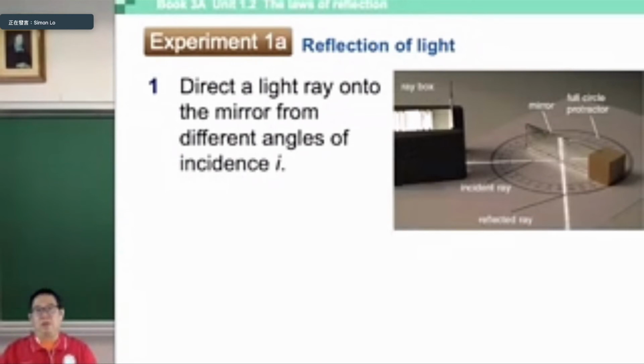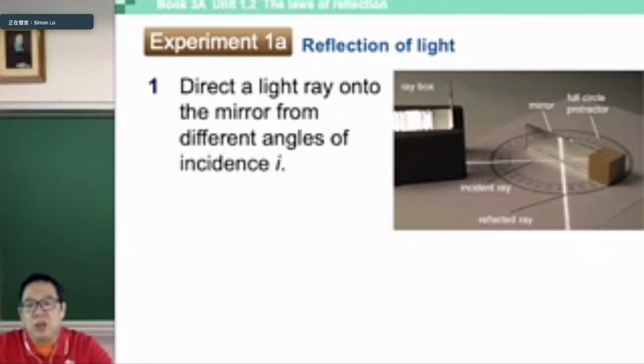Now you use a ray box and a projector. For this experiment, we use a full circle projector, 360 degrees. We take the 0 reading as the normal. From this 0 point, both left and right, you can see it going 10, 20, 30, up to 90, up to 180.